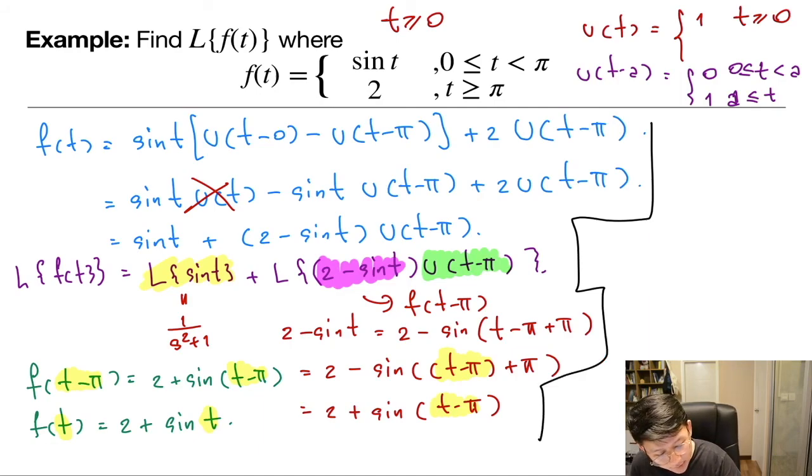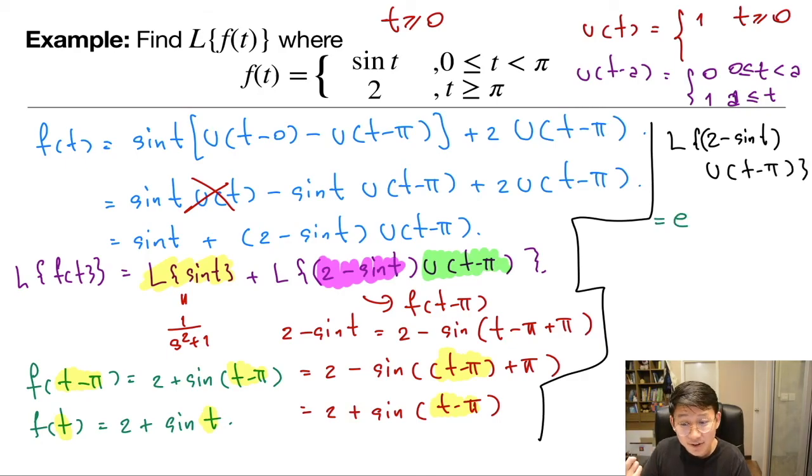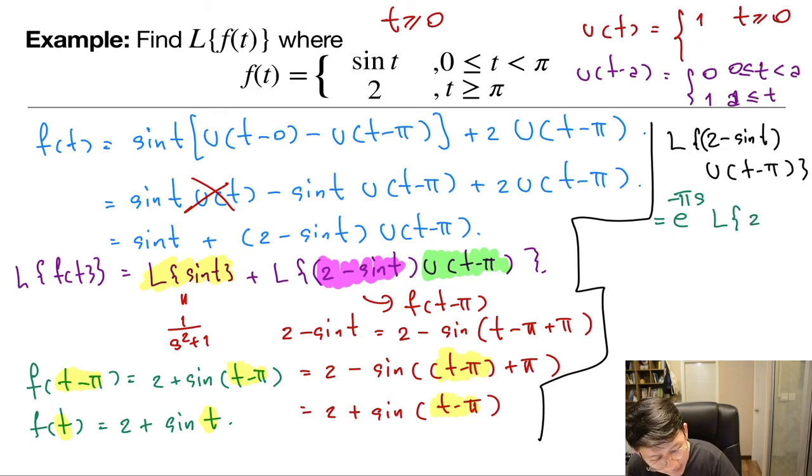So the Laplace transform of (2 minus sine t) u(t - pi) is e to the minus as, where a right now is pi. So e to the minus pi s times the Laplace transform of 2 plus sine t.